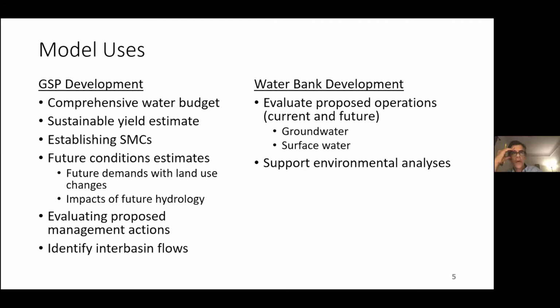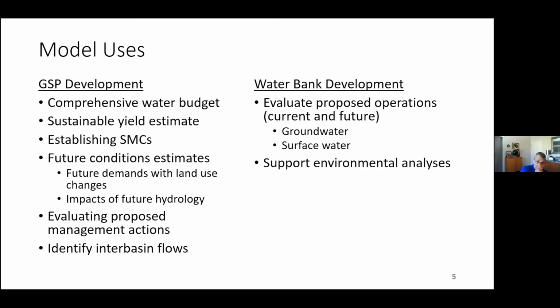Could you describe how the future demands with land use changes work? How is that going to be real time? Like someone proposes Delta Shores or south of Highway 50, and you plug that into the model and do a real time estimate? Or is it something you're going to forecast? How does that work?